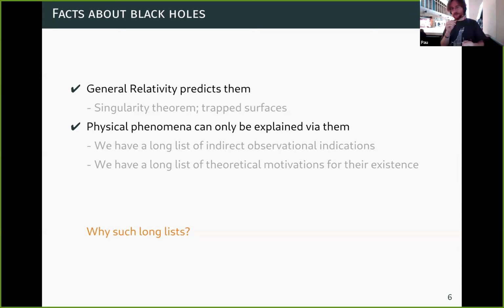Why do you need such a long list? Well, because you do not have direct evidence. If you only had one very strong evidence that black holes exist, that would mean that everything is fine, right? You don't need to explain with a very long list what you observe with one evidence.